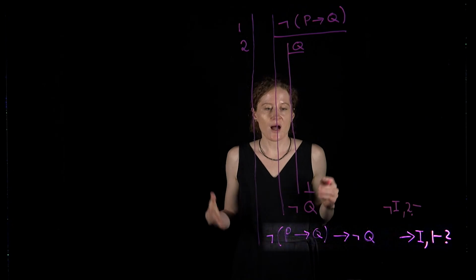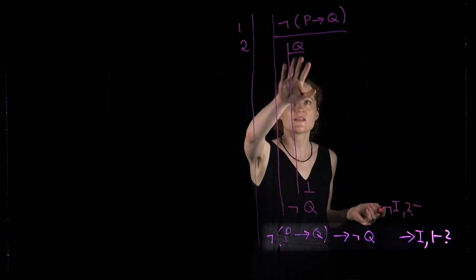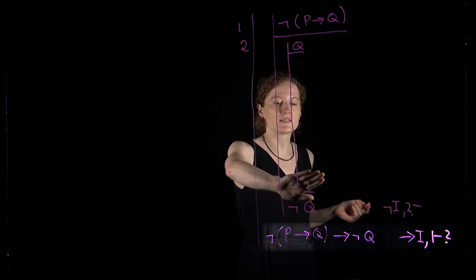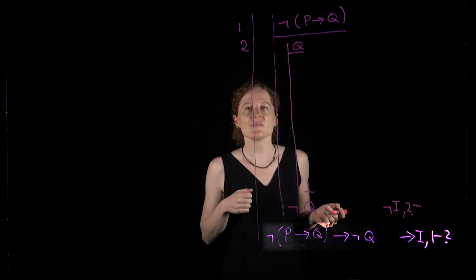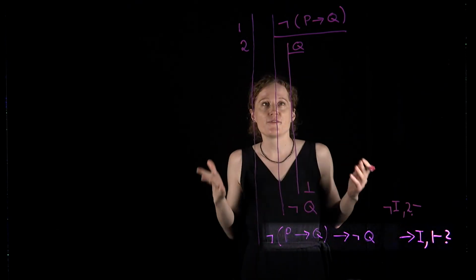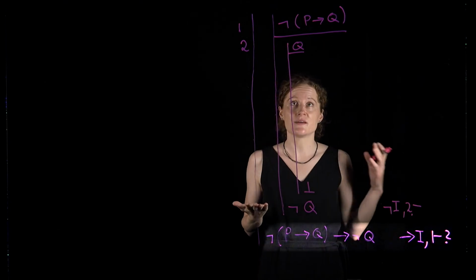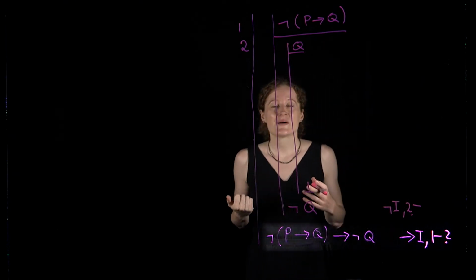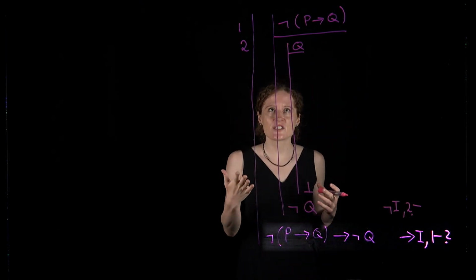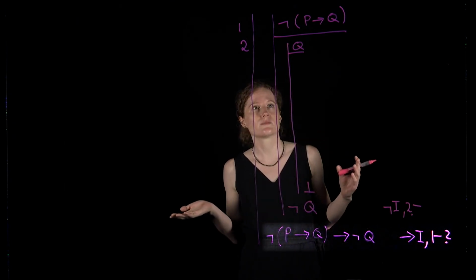Okay, so how can I establish a contradiction here? How can I show that the assumption that Q leads to a contradiction? Well, let's look at the first line of our proof. The first line tells me that it's not the case that if P then Q. But I also know that the conditional if P then Q is true whenever Q is true.